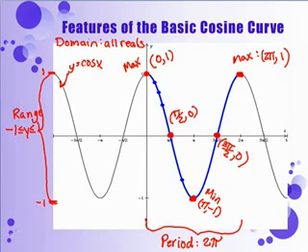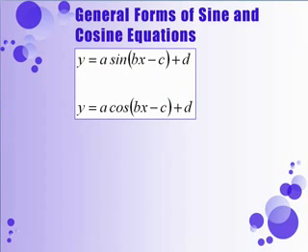Okay, so that was just a quick review of the cosine curve. Now let's take a look at the general forms of their equations. Out in front, we have A, and A stands for the amplitude, and keep in mind it's the magnitude of A. You can't have negative amplitudes.